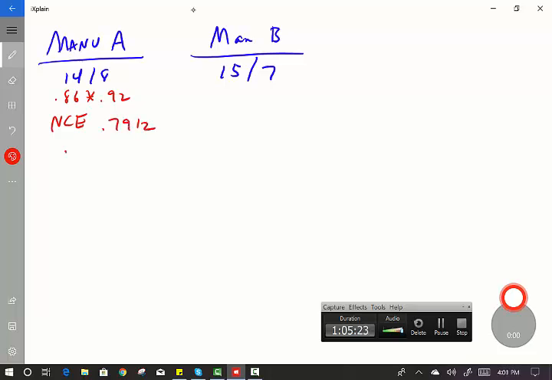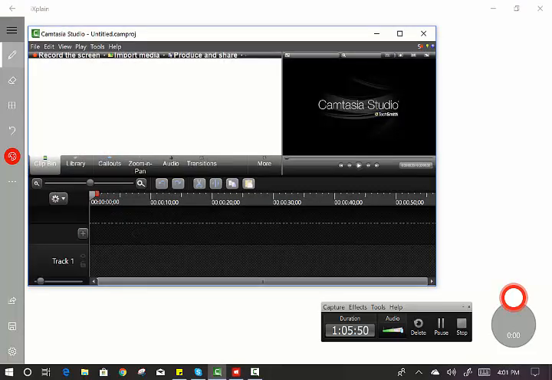I'm going to subtract that from 1 to give me the single discount equivalent of 0.2088. So basically 14% and 8% is equivalent to 20.9% when you round to the nearest tenth.